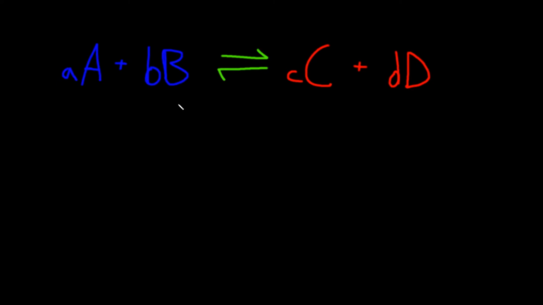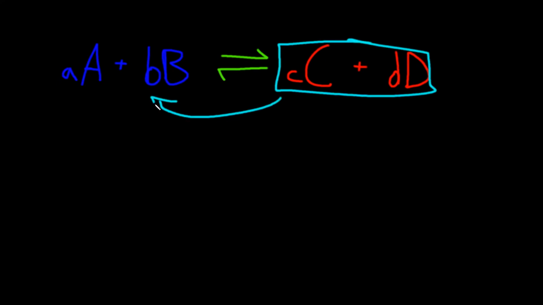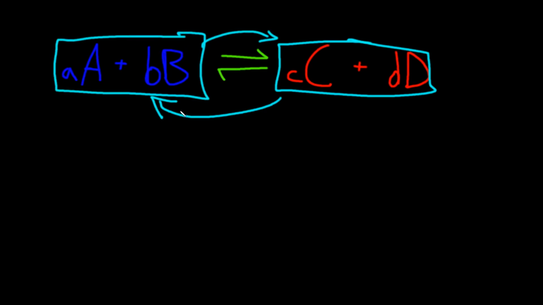So the equilibrium constant is used to represent a ratio of products to reactants in a given reversible reaction. That means that if a reaction is going both forwards and backwards, using its products to create reactants and using its reactants to create products, then when these two rates equalize, we can represent the relative concentrations of the products and the reactants using an uppercase K value expression.